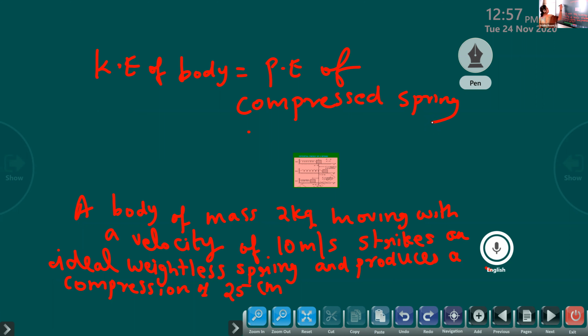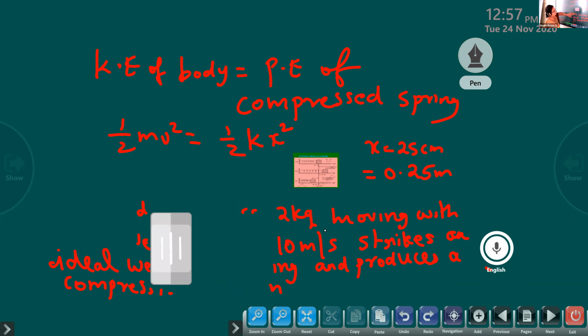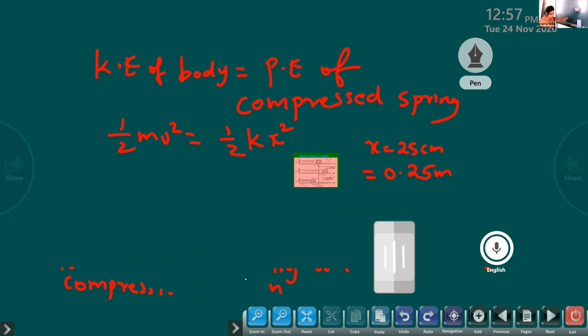Half mv square is equal to half kx square. What we have to find out is k. x is given, 25 centimeter. Converting 25 centimeter into meter, it is 0.25 meter. Now substitute the values.